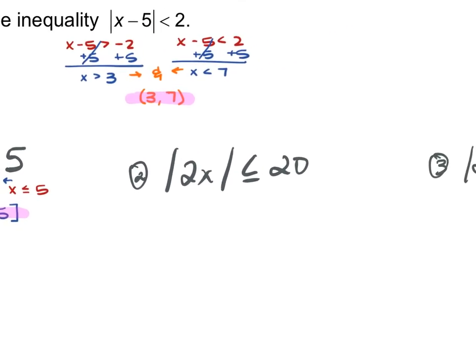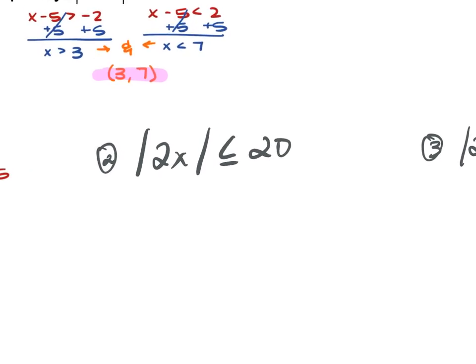For the other number 2, we have the absolute value of 2x is less than or equal to 20. It is possible for the absolute value of something to be less than or equal to 20, so we're going to separate this into 2. We're going to have 2x is greater than or equal to negative 20, as well as 2x is less than or equal to positive 20.